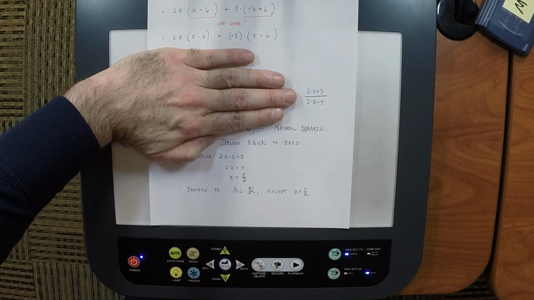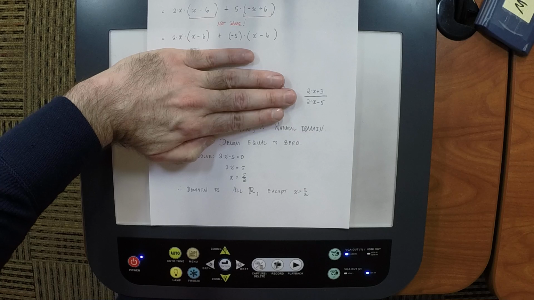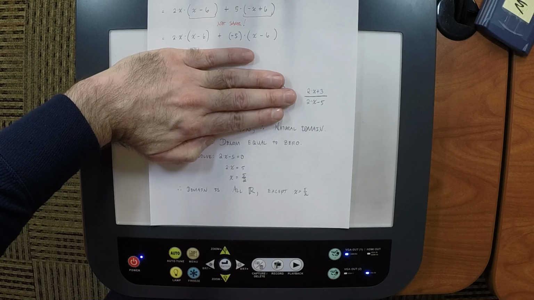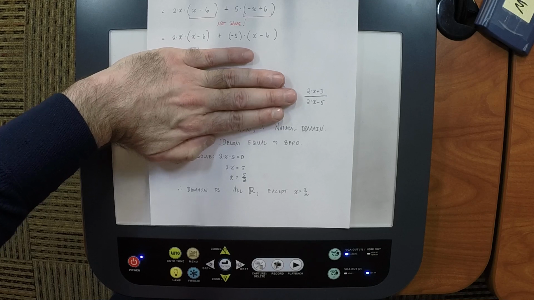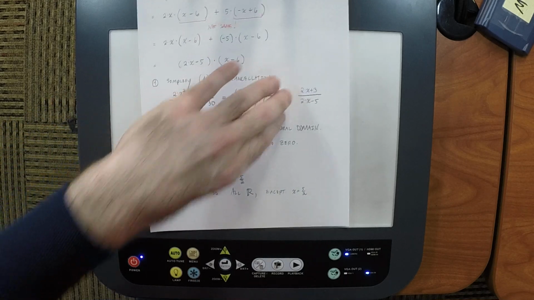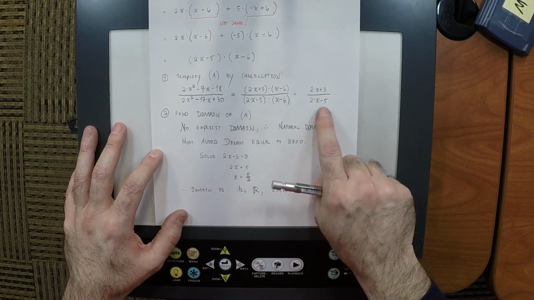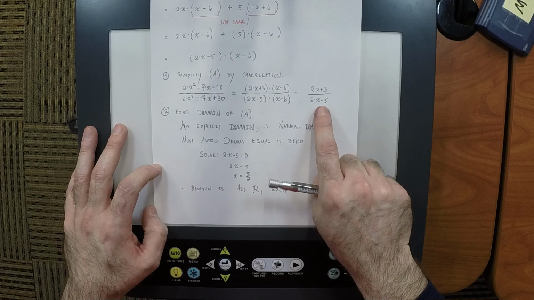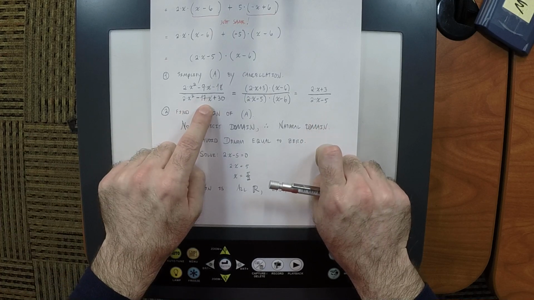I don't know why you would have such a preference, but there's nothing mathematically wrong with that. But nevertheless, I'm saying that it is not that we can't include 6 because of this. It has to do with the question. The question says, find the domain of expression A. Is that expression A? It is not. That's expression A.